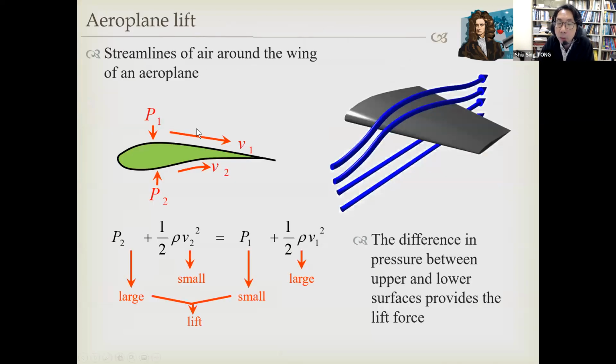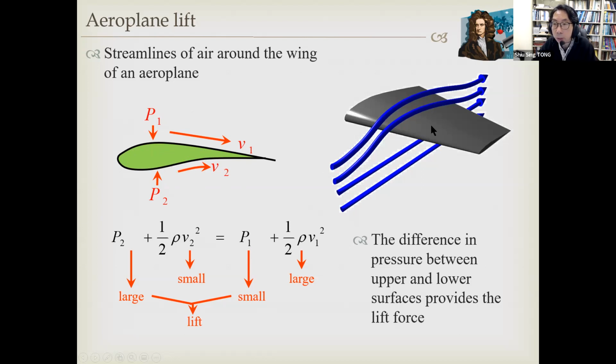Now let's talk about how an airplane flies. A typical airplane has a wing with a cross-sectional area that takes this shape. I did not draw it very well, but it is more curved on the upper side and more flat on the lower side.